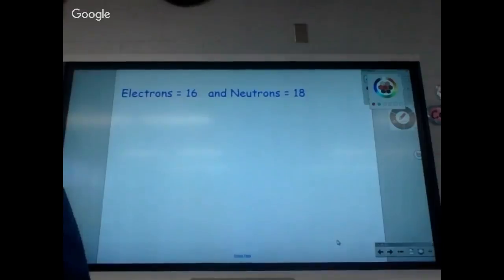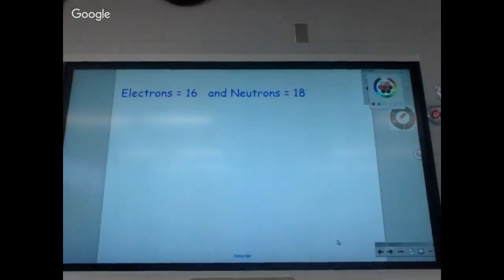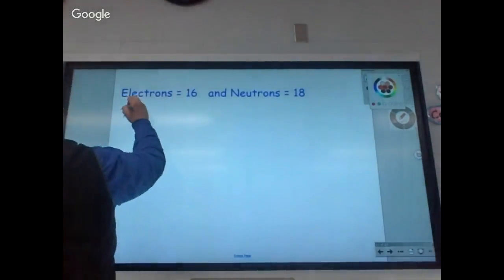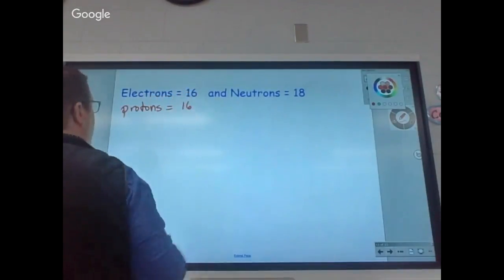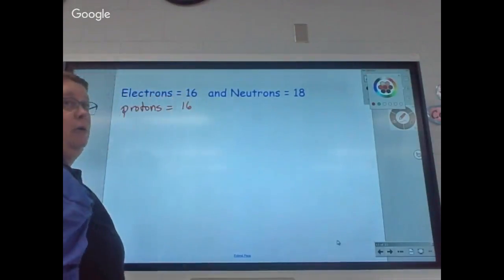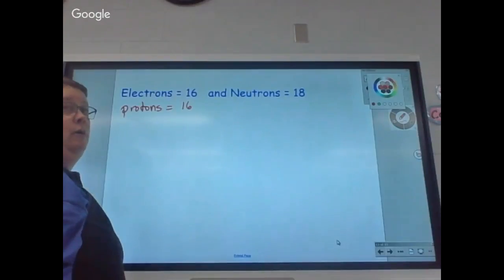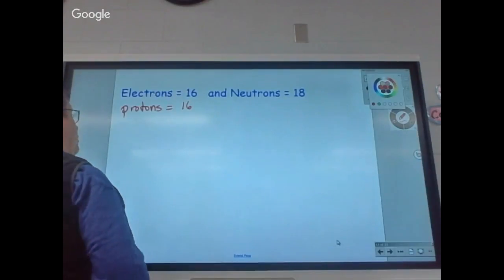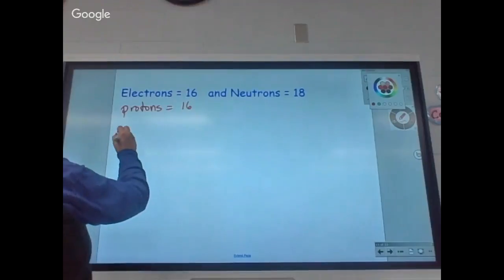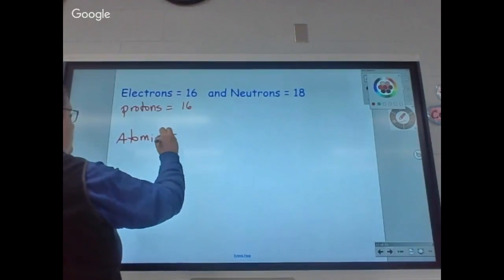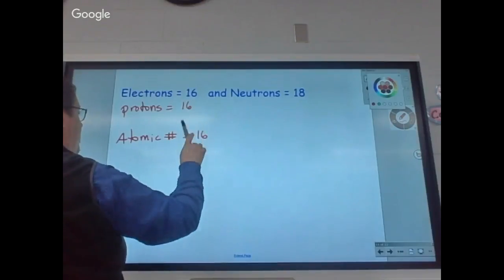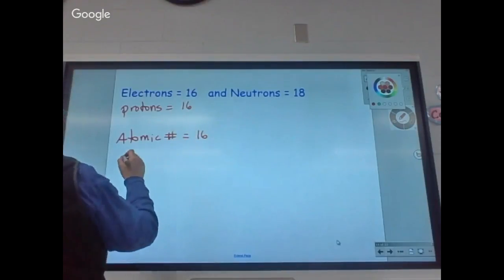It's sulfur though. Protons are 16. All right, John said the protons are 16. How'd you know it was sulfur? Since the protons is the atomic number, I looked for the atomic number. So the atomic number is what then? 16. So the atomic number equals 16. And so if the atomic number is 16, you know the element is what?